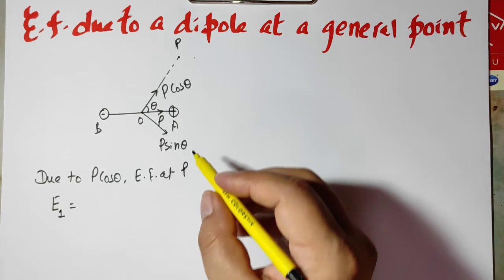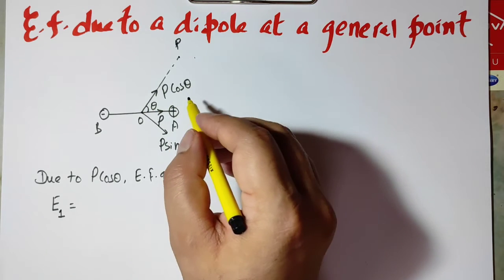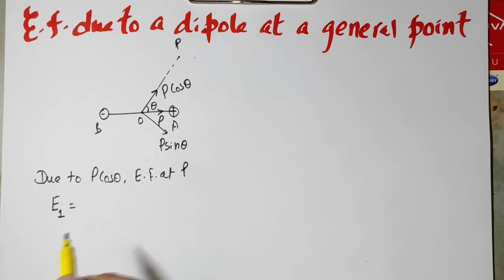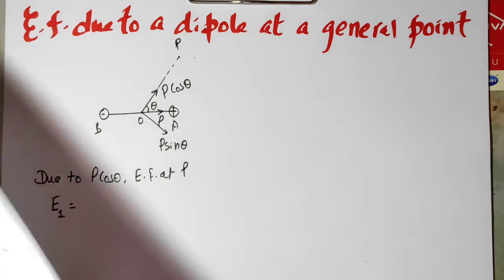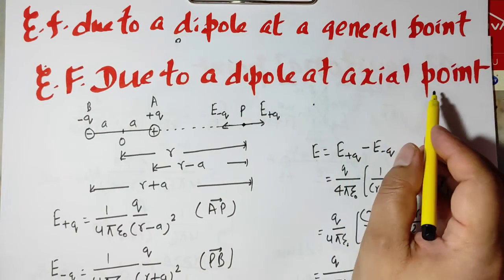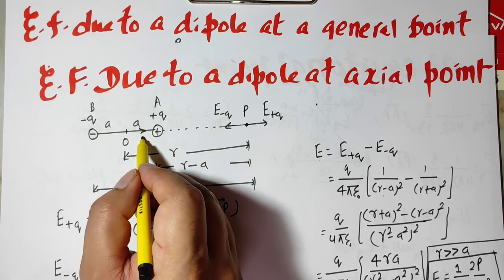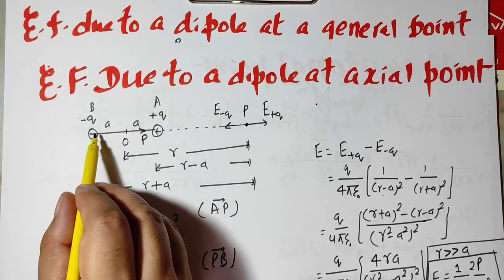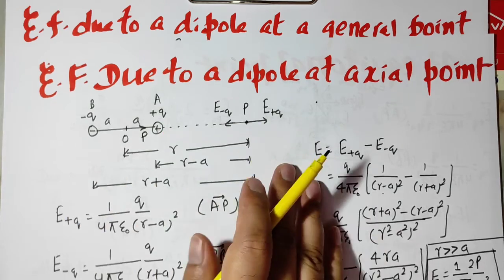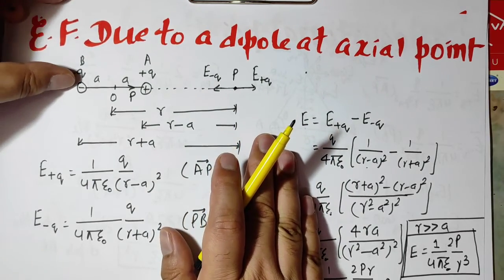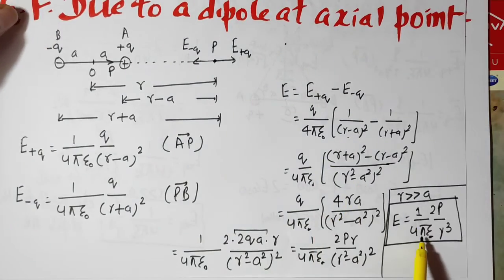Now keep in mind, this is P. You remember when we had the axial position. Where is our axial point? This. In the axial point, you remember we had this dipole. The direction of this dipole moment is here, and due to this, electric field at this point was this.